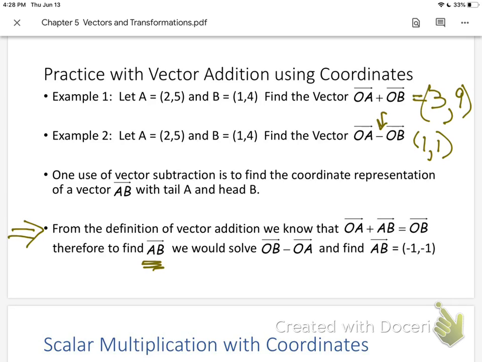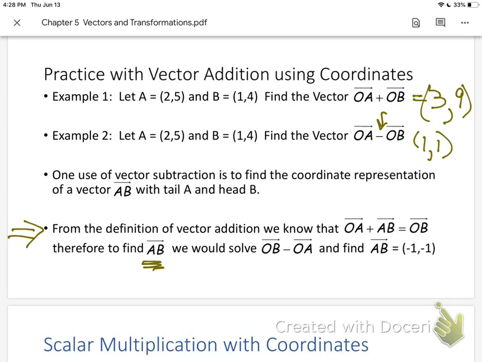So what is that going to be? OA is (2, 5) minus OB, which is (1, 4). So you're going to end up having an answer of (-1, -1).